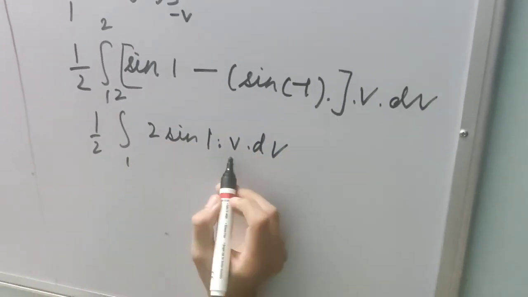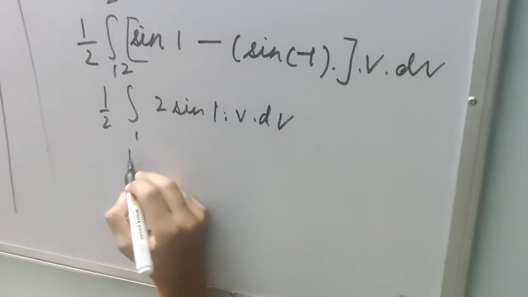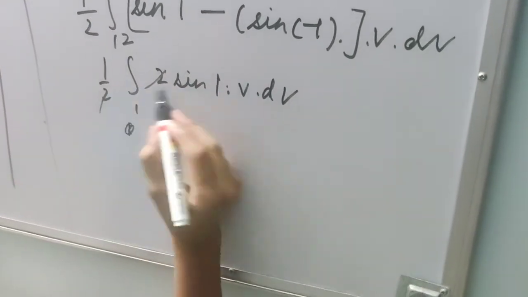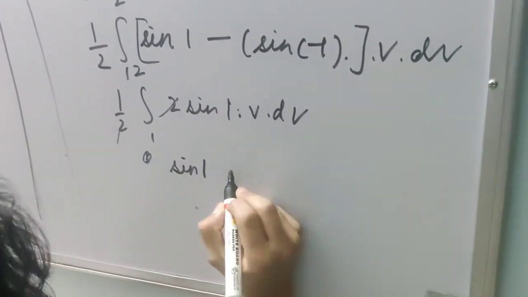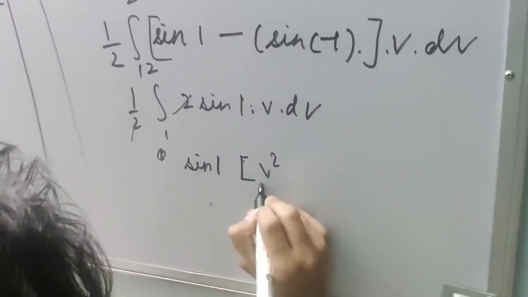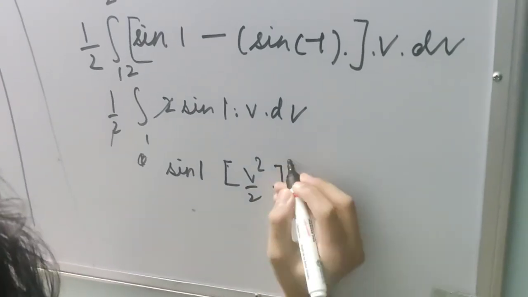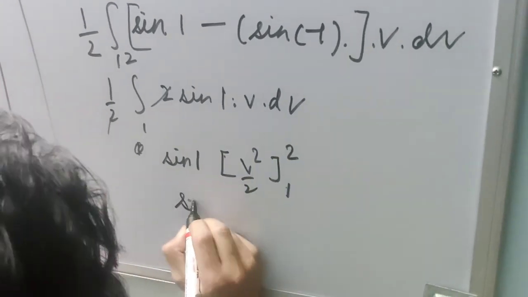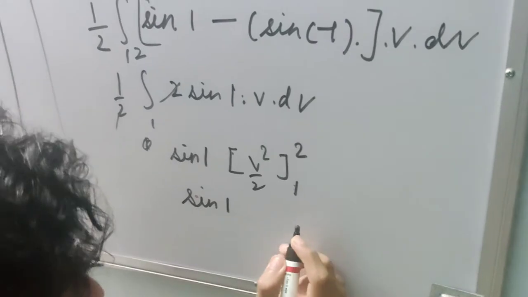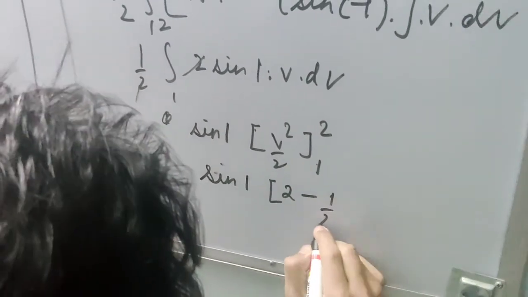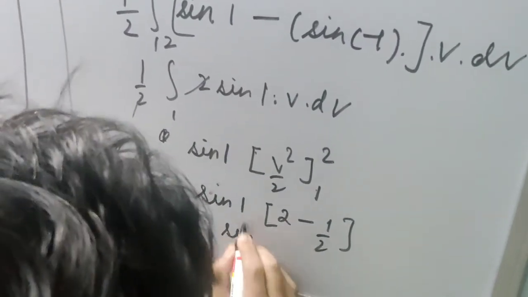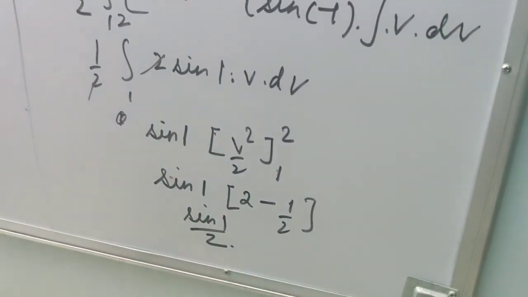This is a simple integration of v, which we can take sine 1 outside. v becomes v squared by 2. Its limits are 1 to 2. We get sine 1 times, we get sine 1 by 2.